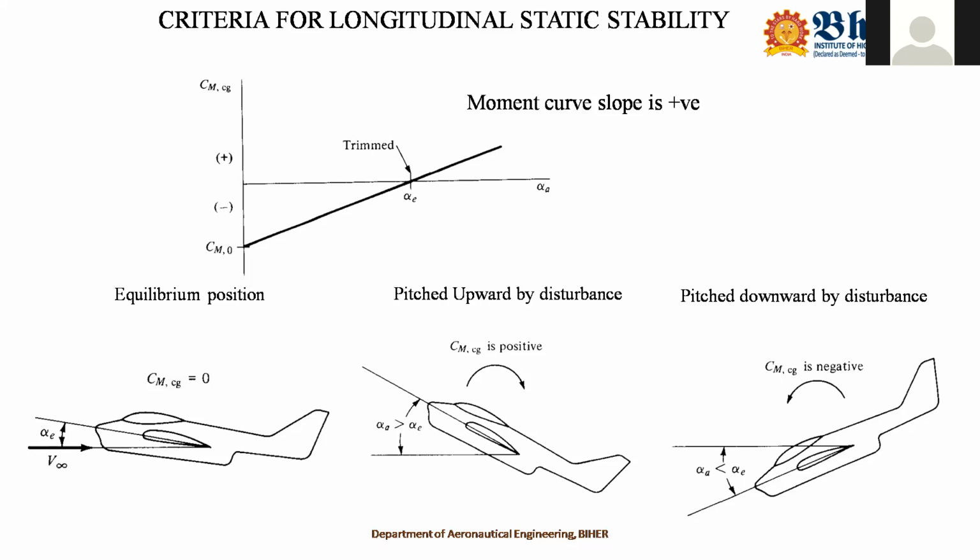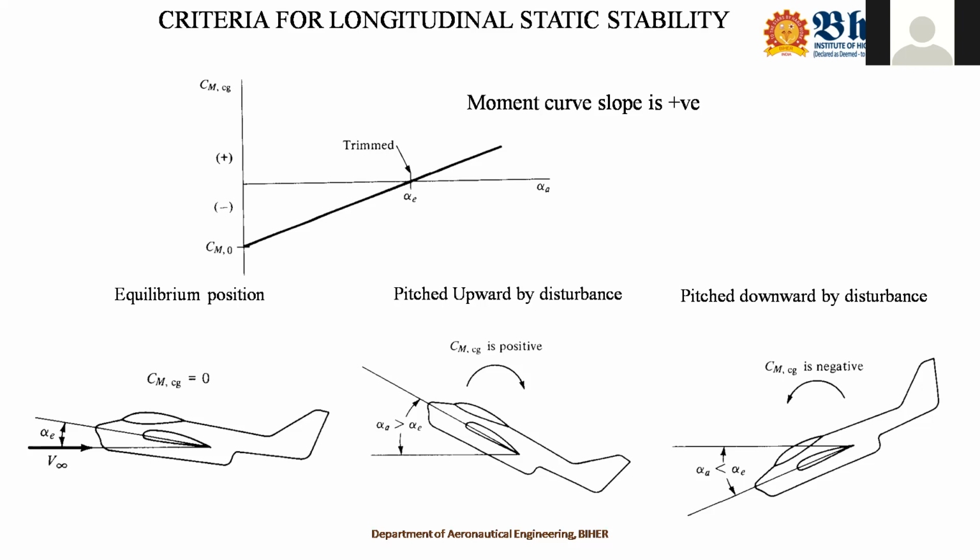So now consider the first diagram. When you observe the first graph, CMCG is equal to 0, which means that it is moving in the equilibrium condition at the trimmed angle of attack. And now due to some disturbance, the craft is pitched upwards. So when it is pitched upwards, what happened to your alpha A? Your absolute angle of attack will be greater than the trimmed angle of attack.